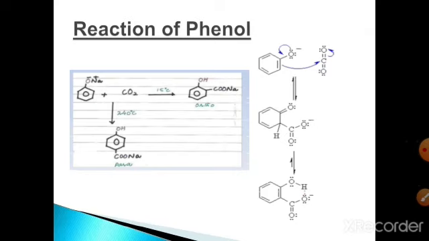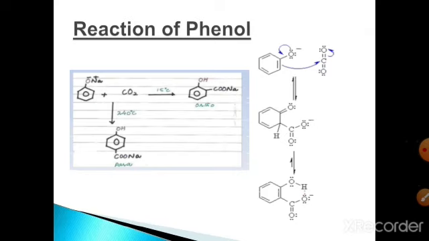At 15 degrees centigrade, the ortho isomer is obtained, and at 240 degrees centigrade, the para isomer is obtained.